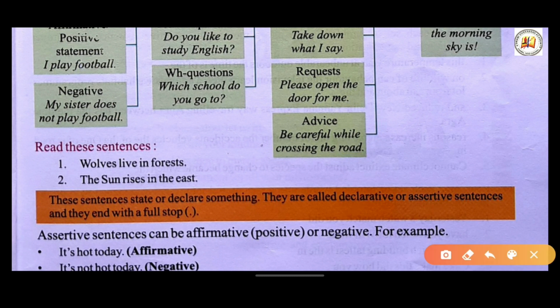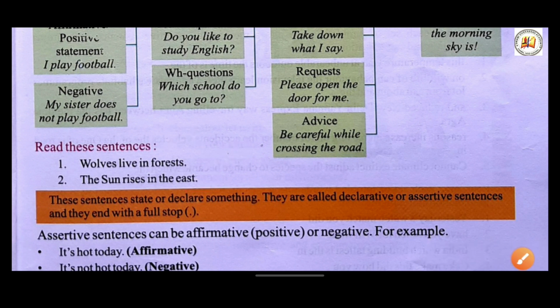For example, owl flies in the forest. The sun rises in the east. Both sentences refer to a universal truth, so both are examples of assertive or declarative sentences.